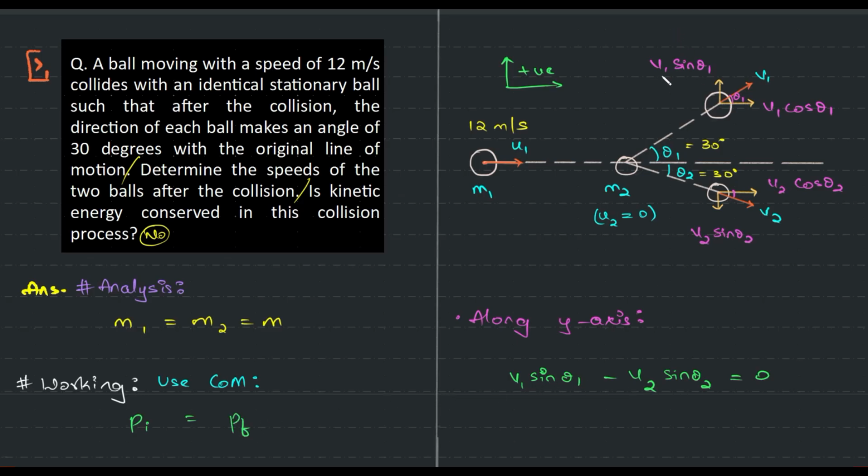Both are m, sorry, I forgot to write m. Mass times the velocity minus mass times the velocity is equal to 0. So m and m will get cancelled. So we have v1 sine theta 1, and sine theta 2 will also get cancelled. So v1 is equal to v2. So that's what we'll end up with, right?